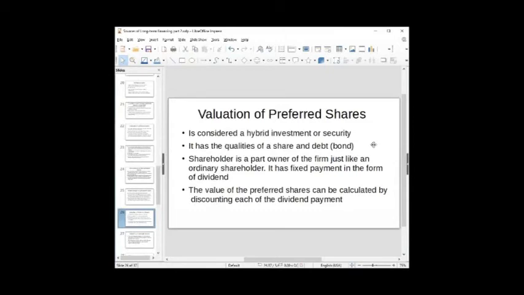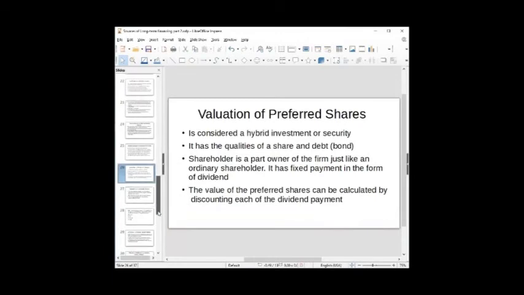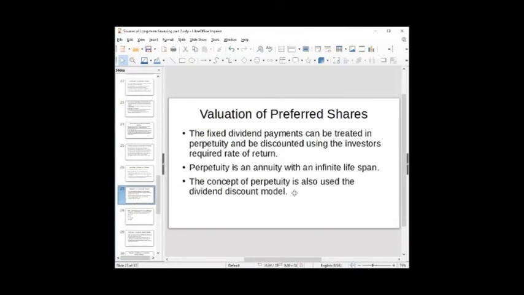The value of the preferred share can be calculated by discounting each of the dividend payments. So that is part of the valuation of the preferred share based on the dividend payments made on their stocks. Another, the fixed dividend payments can be treated as a perpetuity and be discounted using the investor's required rate of return.